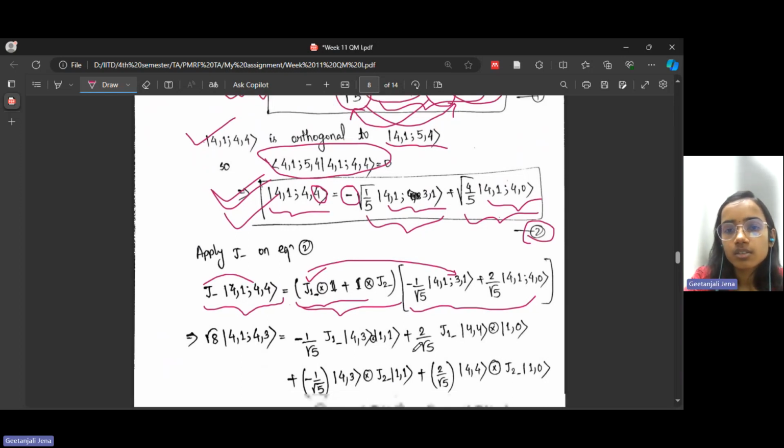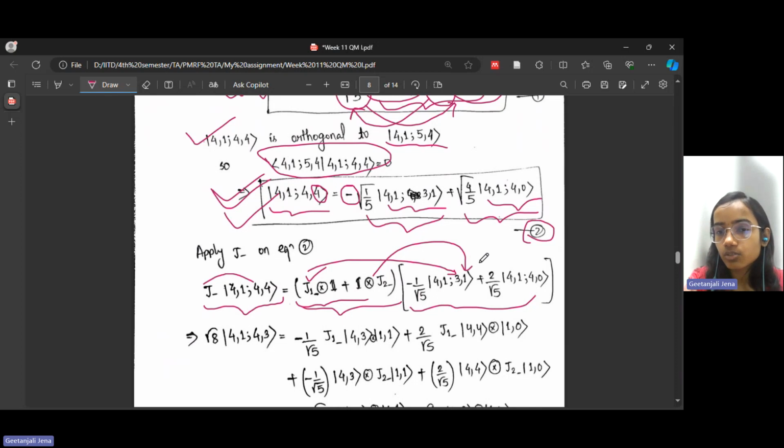And the J2, it will act on 1. Okay, it will act on 1 and reduce the value of m from 1 to 0.